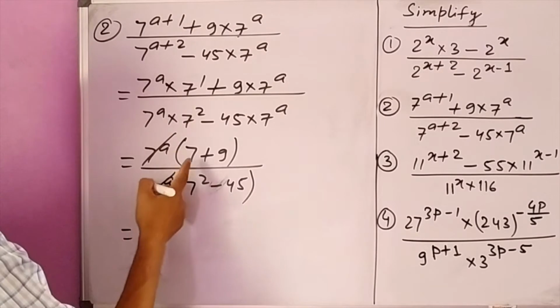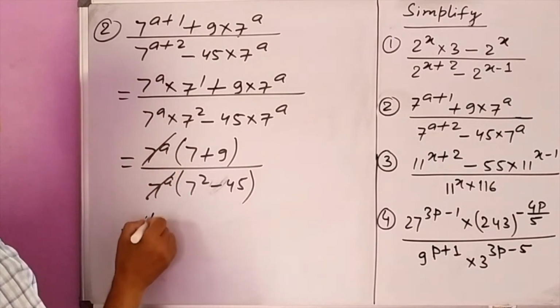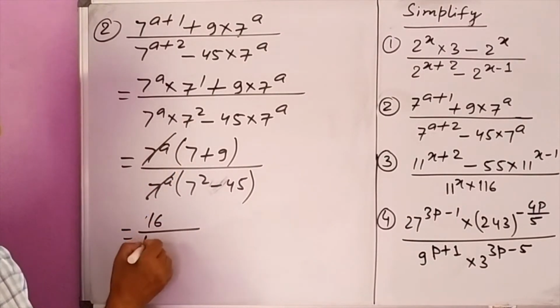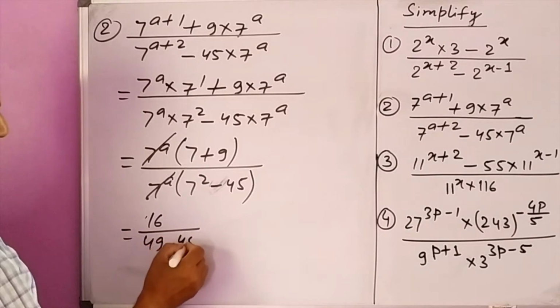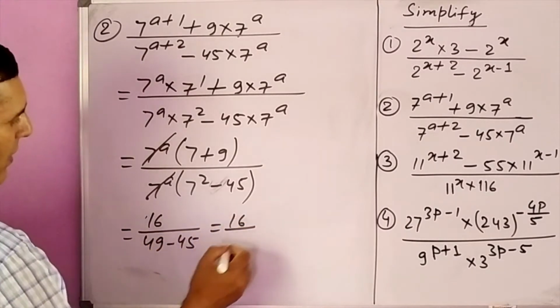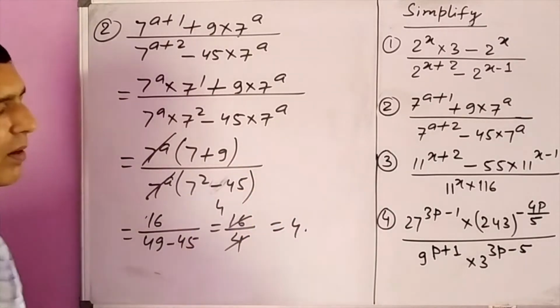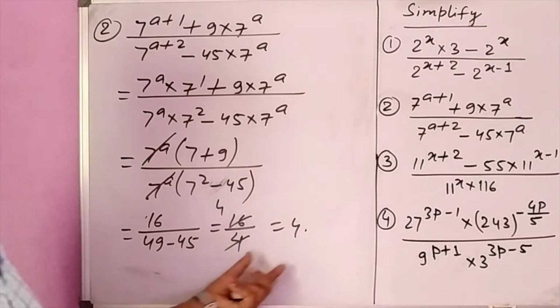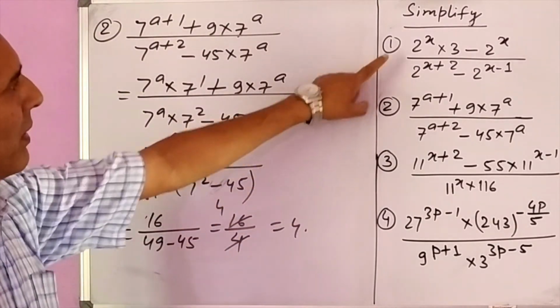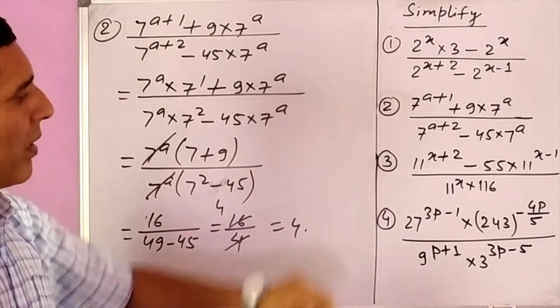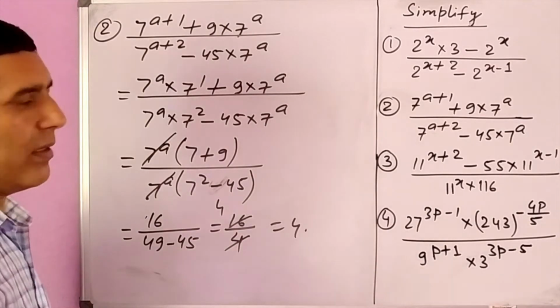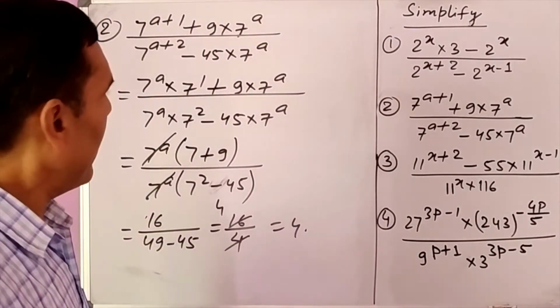So it is now 7 plus 9, 16, upon 49 minus 45. So 16 upon 4, which is 4. So the answer is 4. Questions 1, 2, 3, 4, all can be done by the same technique.